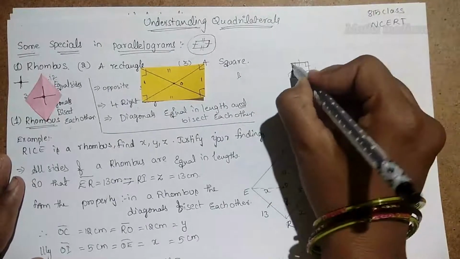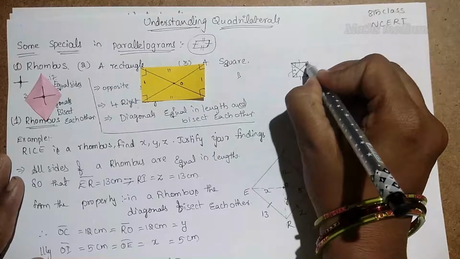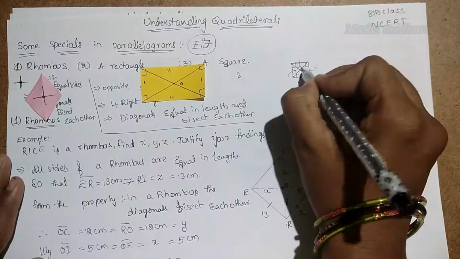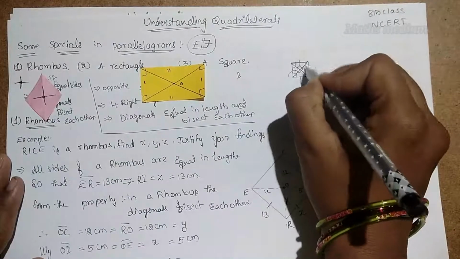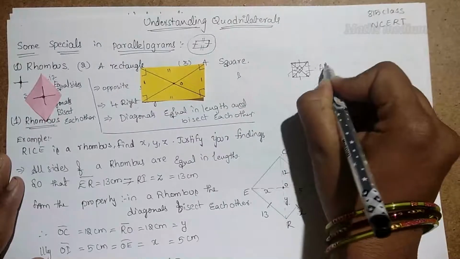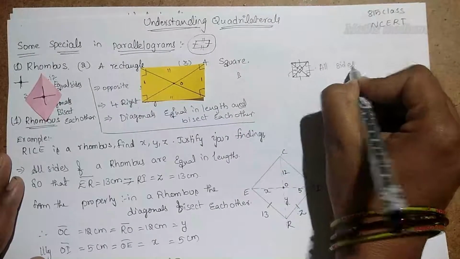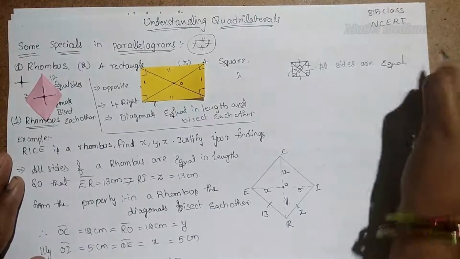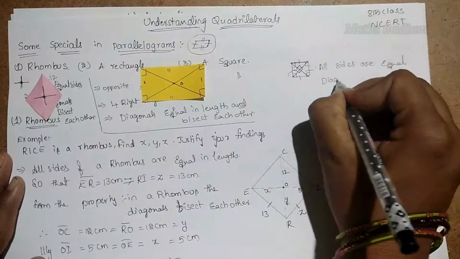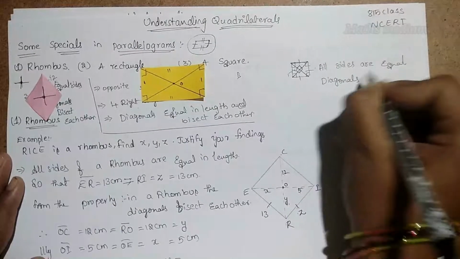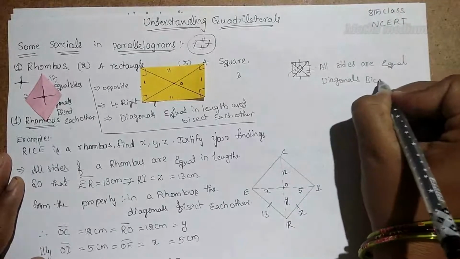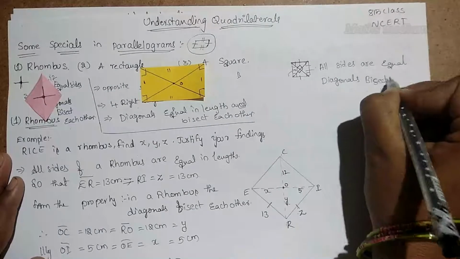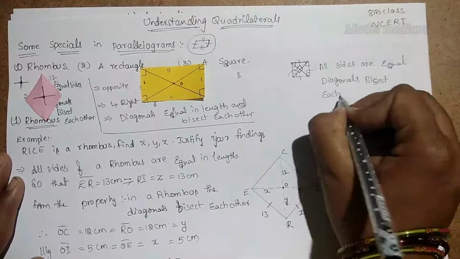If you make diagonals, they bisect each other at a right angle. So in a square, all sides are equal. Diagonals bisect each other.